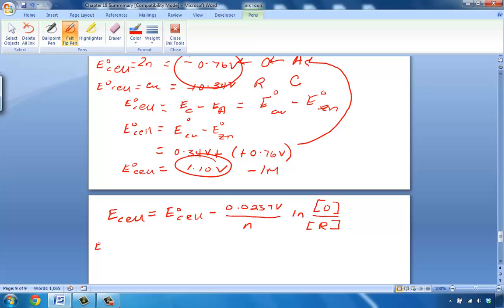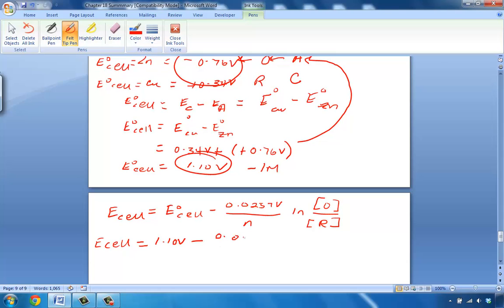So E naught of the cell is changed to give us the E of the cell under non-standard conditions. We said E naught is 1.10 volts minus 0.0257 volts over N, being the number of electrons.